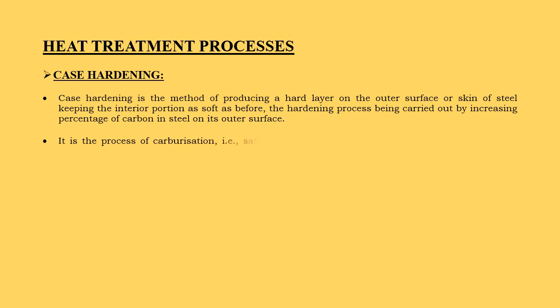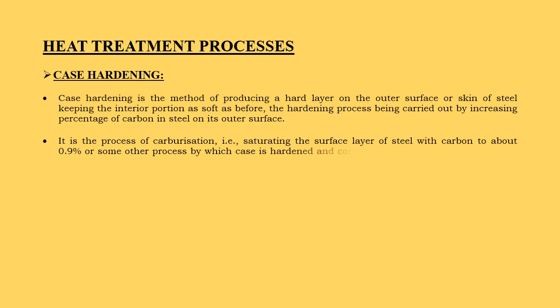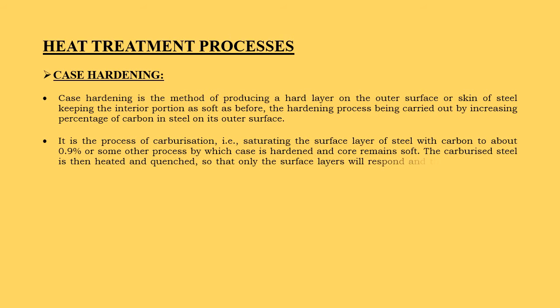In this process of carburization, that is, saturating the surface layer of steel with carbon to about 0.9% or by some other process, the case is hardened and the core remains soft. The carburized steel is then heated and quenched so that only the surface layer can respond, with the core remaining soft and tough, since its carbon content is very low.